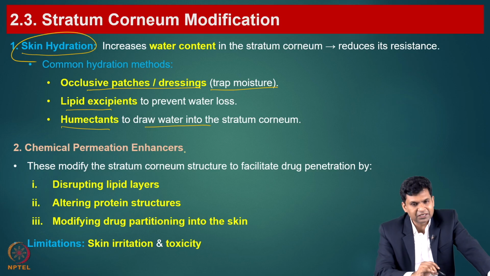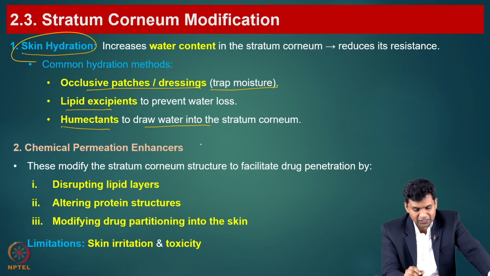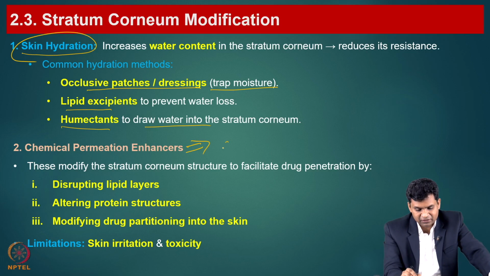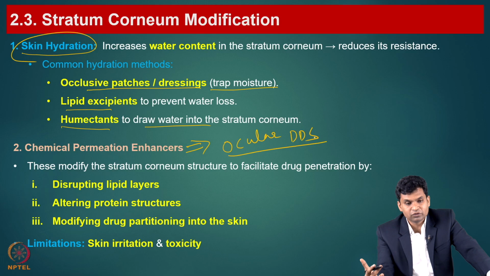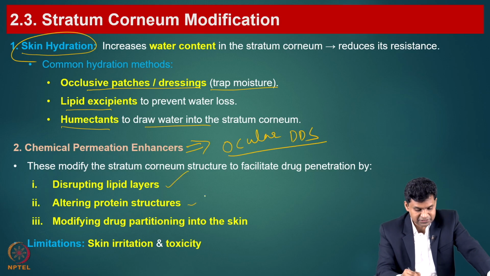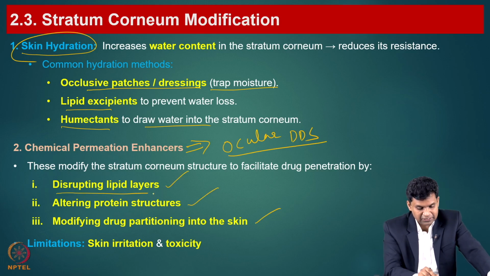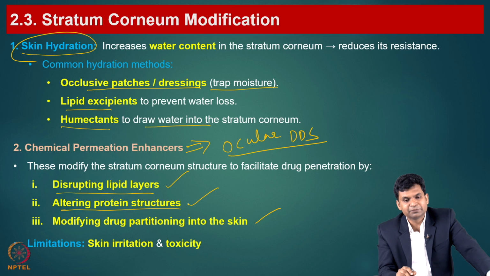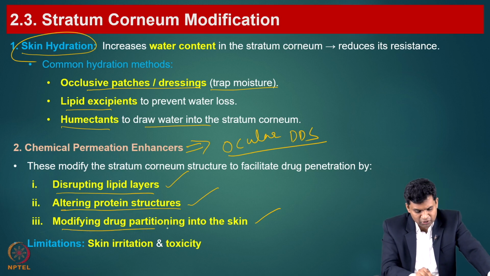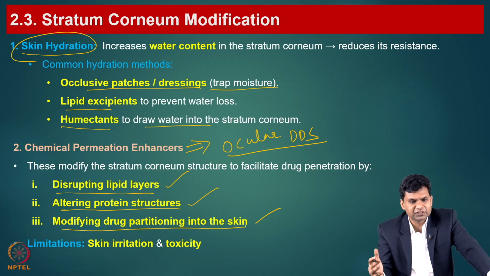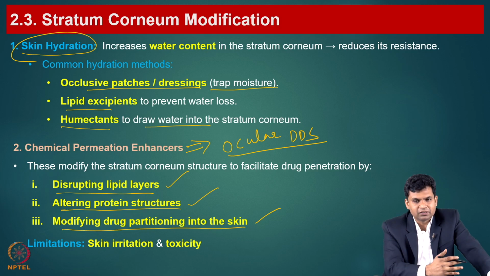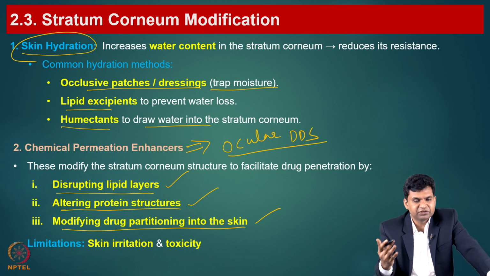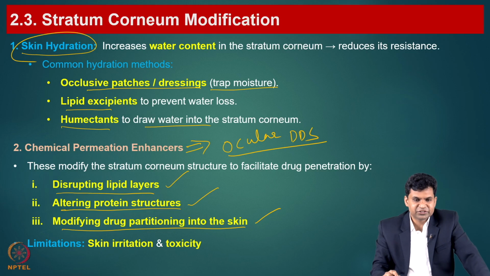Then there are chemical penetration enhancers, which we discussed in detail in ocular drug delivery systems, and how they work by three mechanisms: they disturb the lipid layer, alter the protein structure, and modify the drug partitioning into the skin. You can also refer to the previous lectures on chemical permeation enhancers.